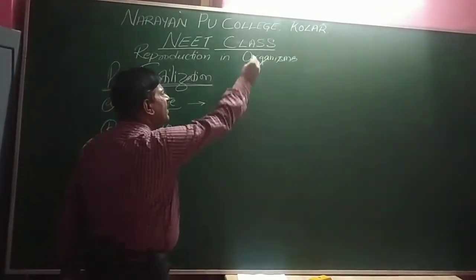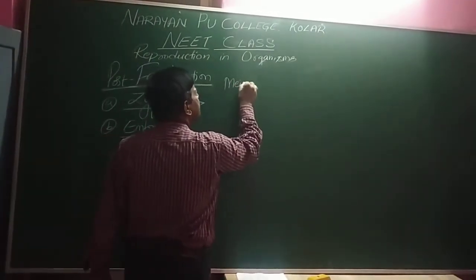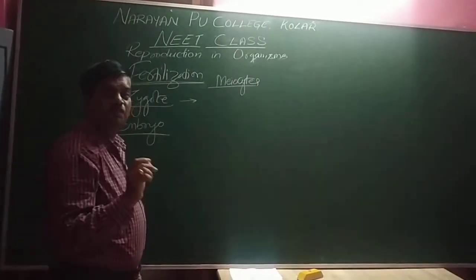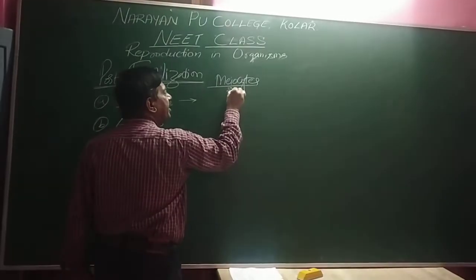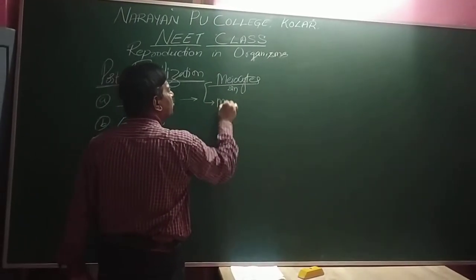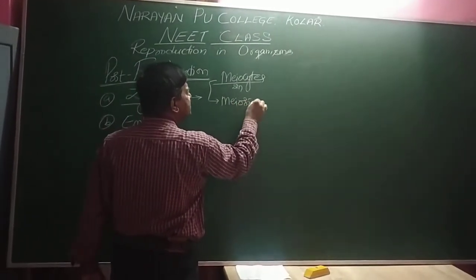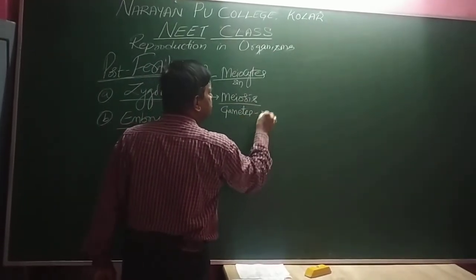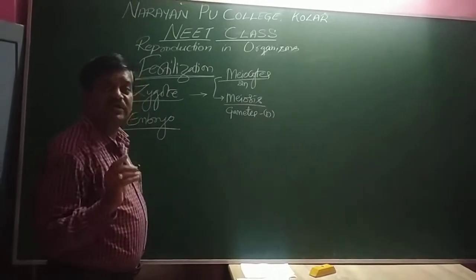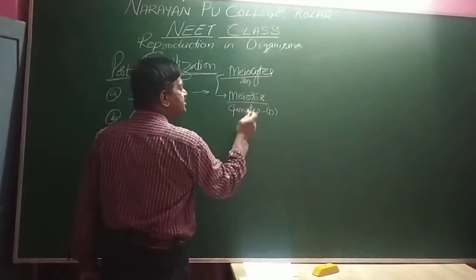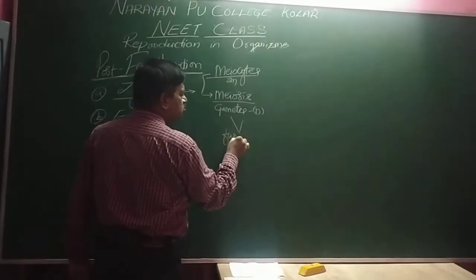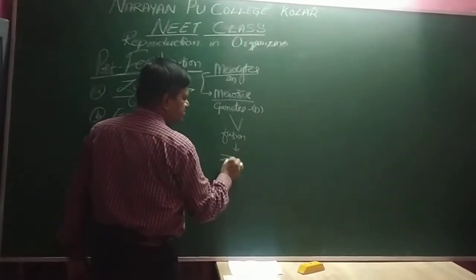As we know, the meiocyte, the gamete mother cell, is diploid and undergoes meiosis to produce gametes. These gametes are haploid, and this haploid gametes fuse to form a zygote.